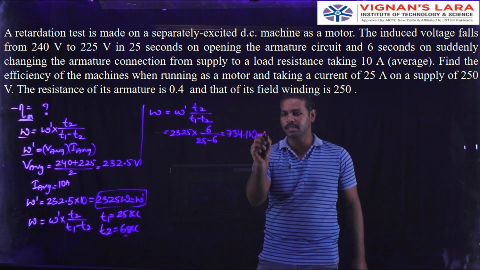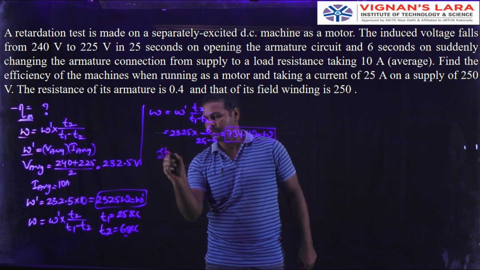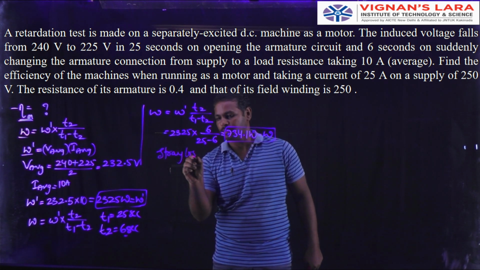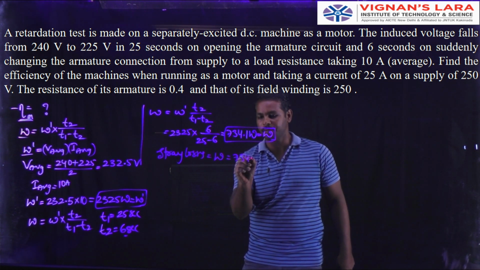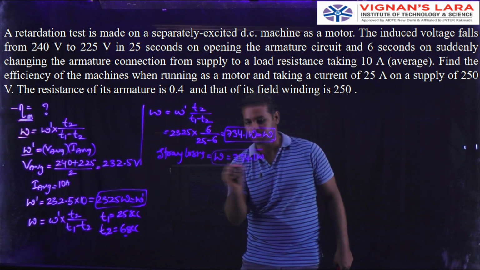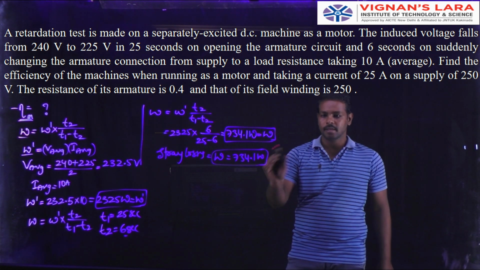So the stray losses W is equal to 734.4 watts. This is the second equation.